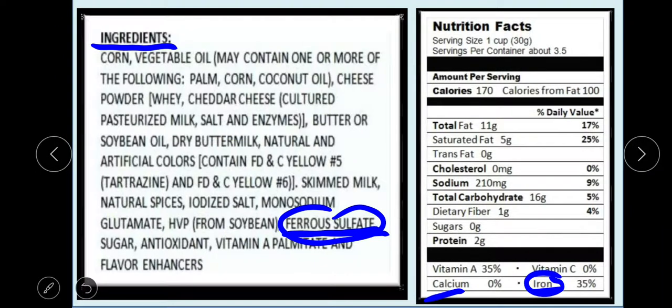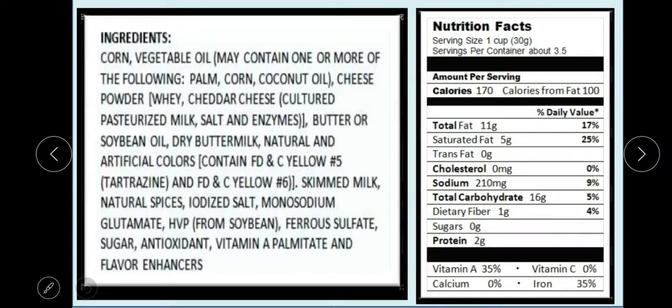For example, calcium. Calcium is a mineral, iron is a mineral. In this food product, we are eating the element calcium and the element iron, but not in an element form by themselves. We are eating them in the form of minerals.